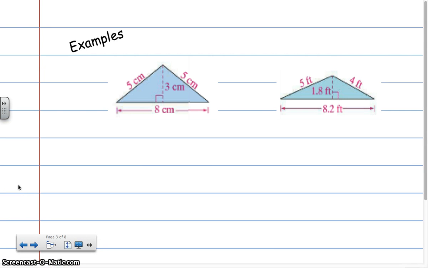All right, I'm going to do a couple examples with you. What you can expect is you're going to be given lots of dimensions, and your expectation is to be able to identify what the base of a triangle is and what the height is. Remember, height is perpendicular to the base.